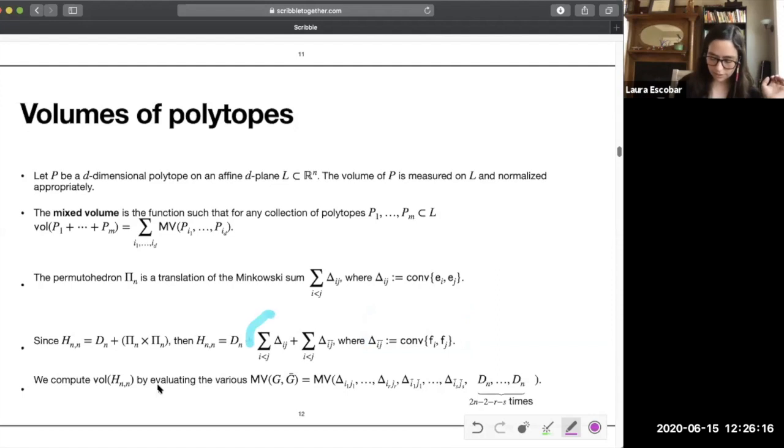These are the segments in the first R, and these are the line segments in the second R. So that's the conclusion of this slide.